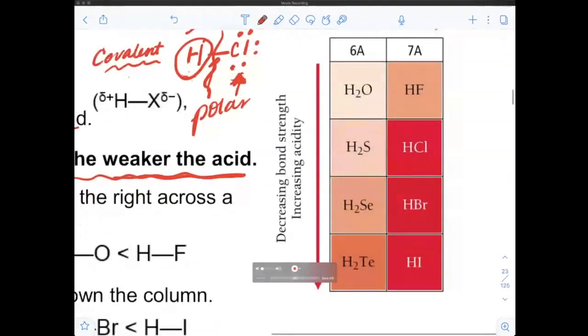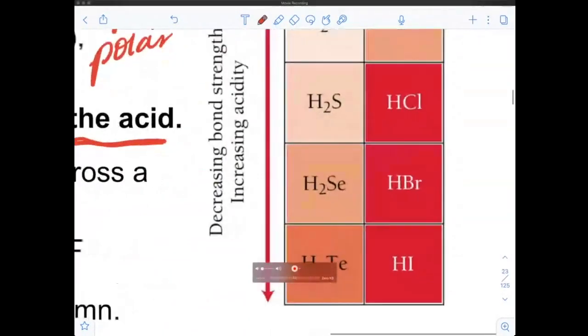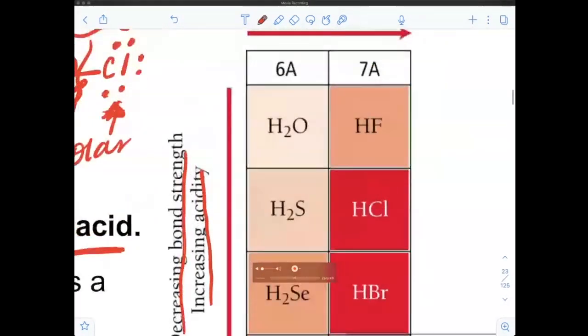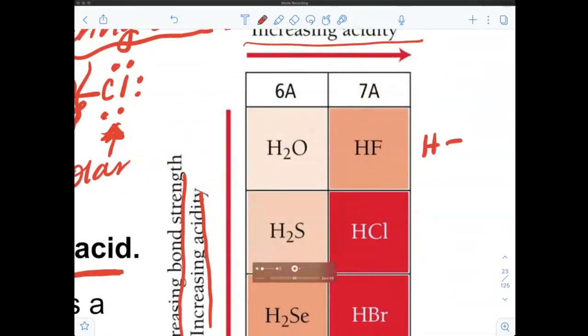When you're going from top to bottom, what we see right here is you actually have increasing acidity because you have decreasing bond strength. What they're saying here is the hydrogen fluoride bond is very strong. And I told you before, if the bond is very strong, that just means that both fluorine and hydrogen are being held very strongly. So hydrogen cannot come off very easily.